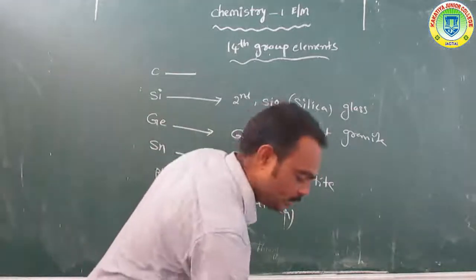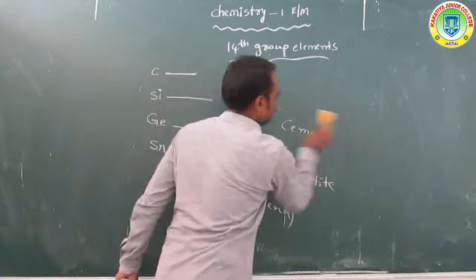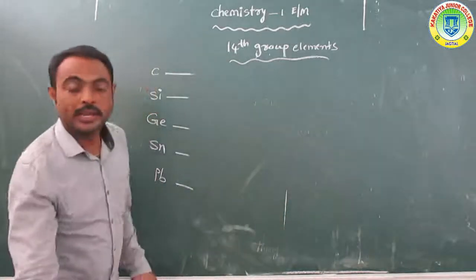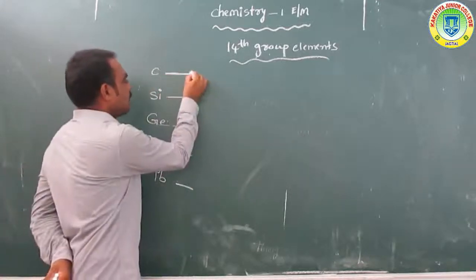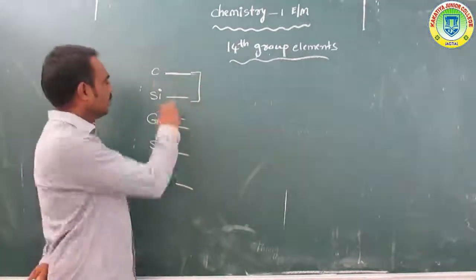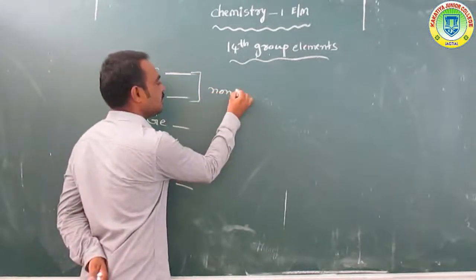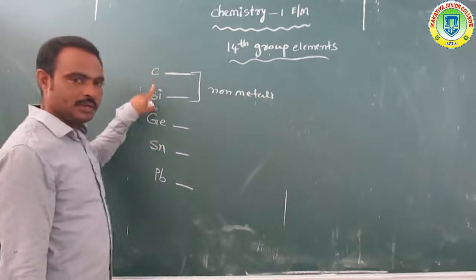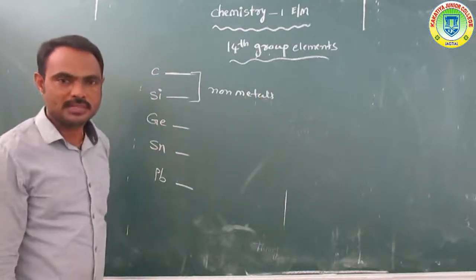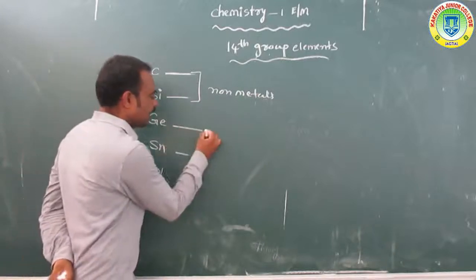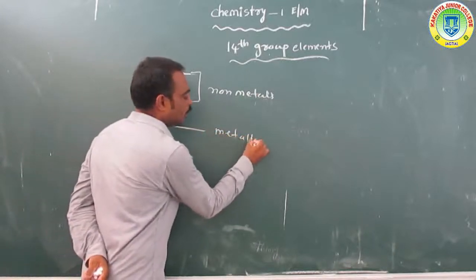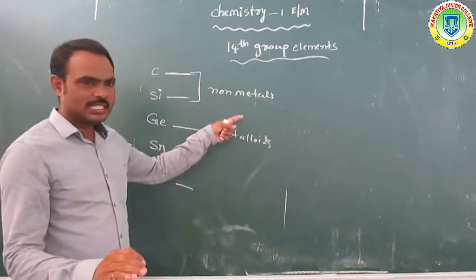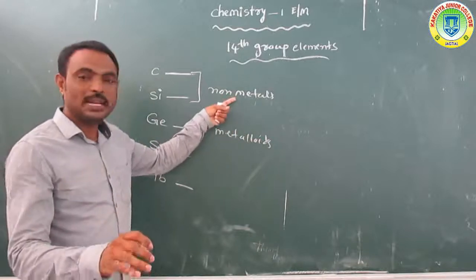Overall, in this group, carbon and silicon are non-metals, but germanium is a metalloid. Metalloid means it is between non-metals and metals.